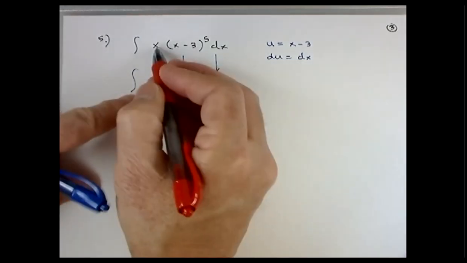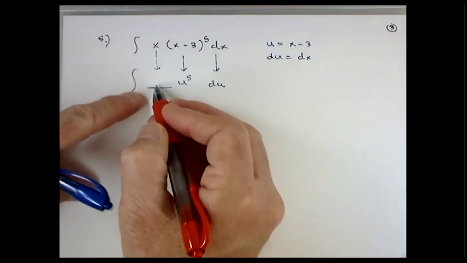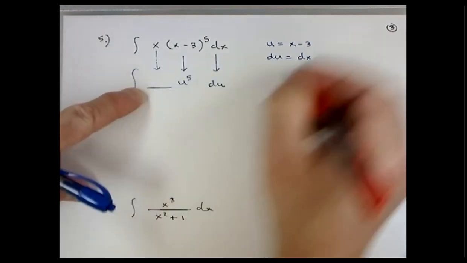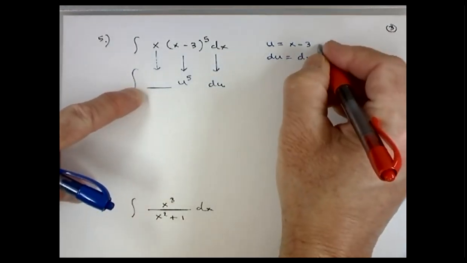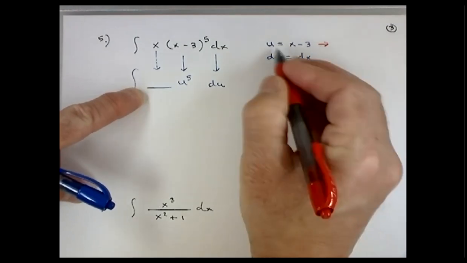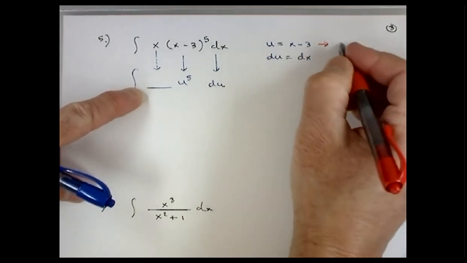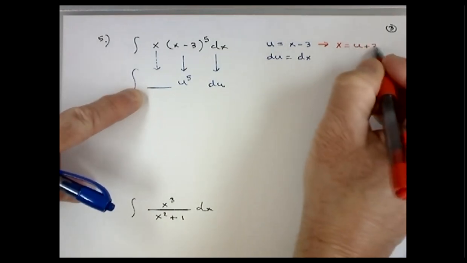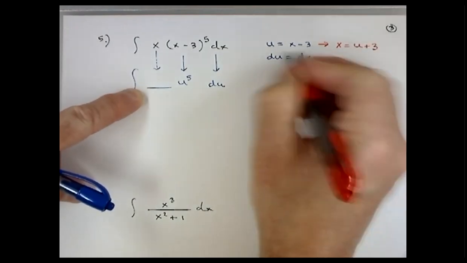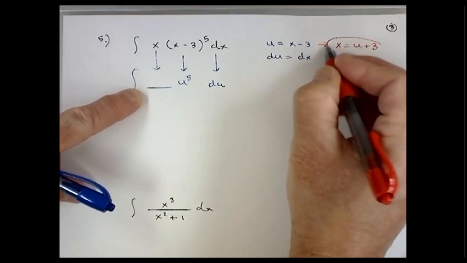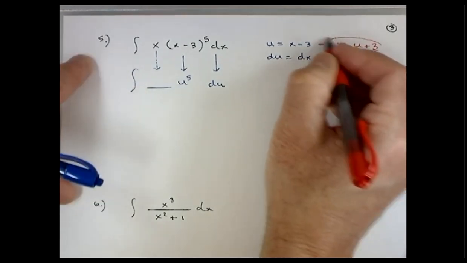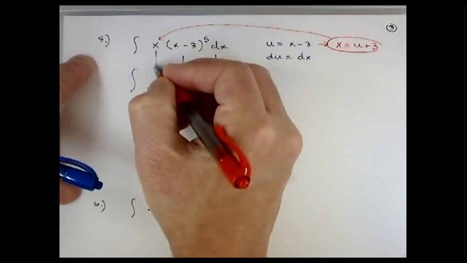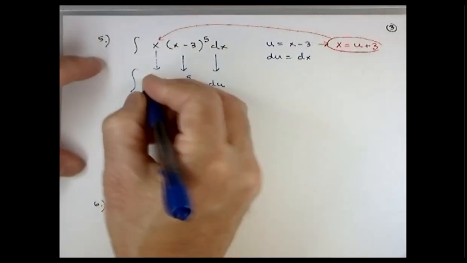As long as there's a way to write that x in terms of u, I'm okay. So if I go back to my u statement, if u equals x minus 3, what would x equal? u plus 3. Just solve for x. And so I can substitute it in for that leftover x.